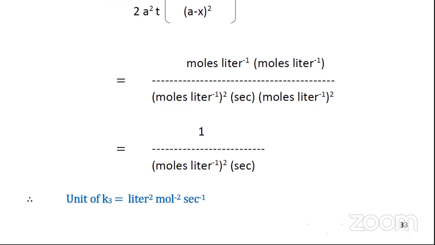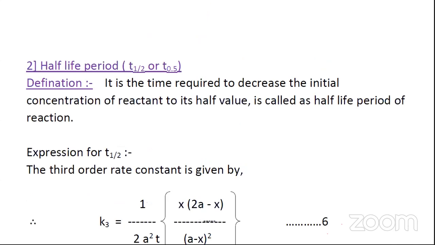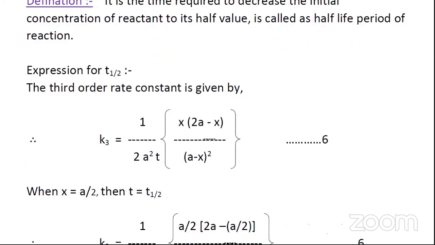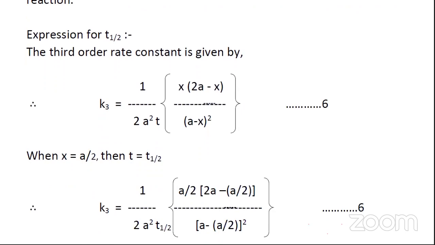Next characteristic, half-life period. What is the half-life period? The time required to decrease the initial concentration of reactant to its half value is called the half-life period of the reaction. Expression: the rate constant is given by equation 6. When x is equal to a by 2, then t equals t half.